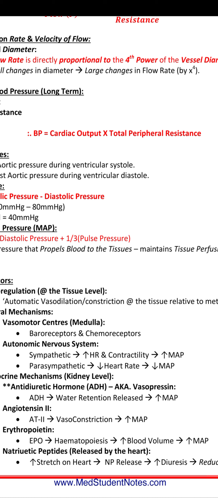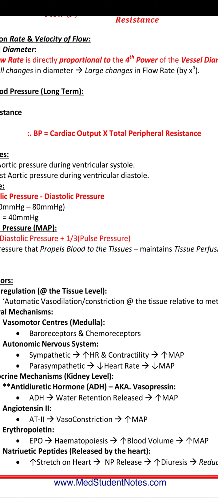So we discussed angiotensin. Next we discuss erythropoietin. The erythropoietin, or EPO, has control over hematopoiesis, which is the increase of blood volume in the arteries.